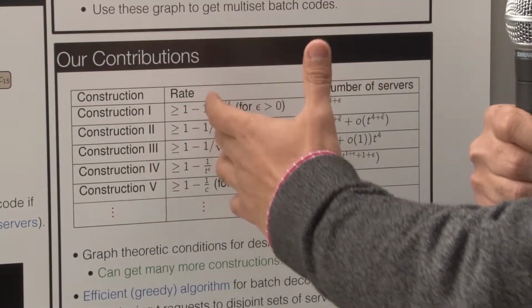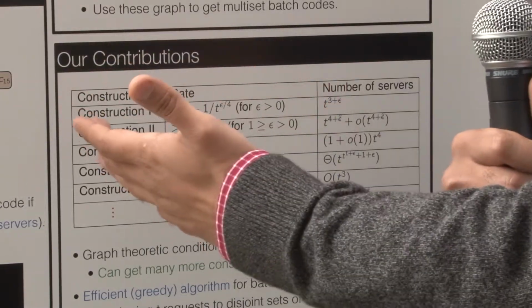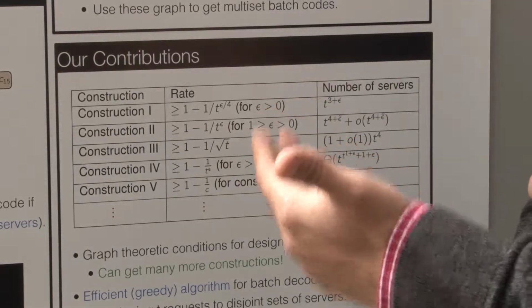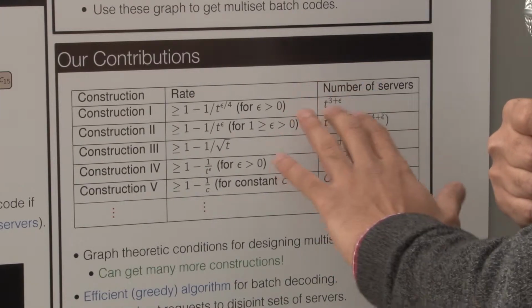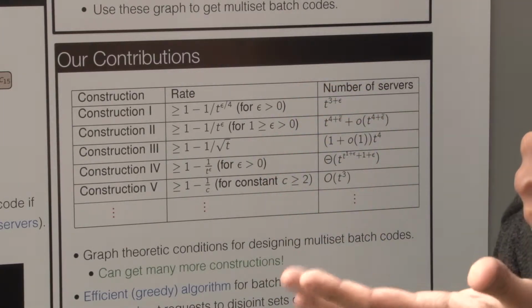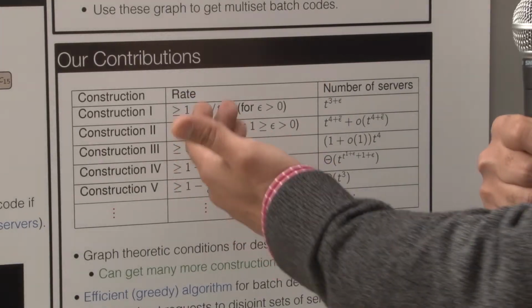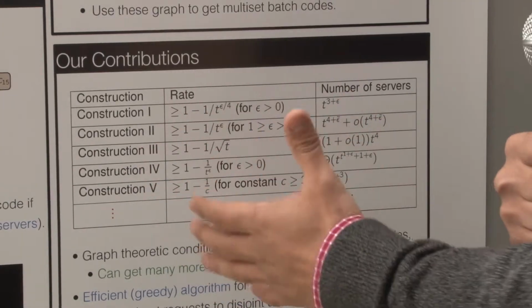That means if I scale the number of requests I want to serve, my rate can get arbitrarily close to 1. And the number of servers I need is just t to the power 3 plus some small constant. So the number of servers is a small polynomial, which does not explode as I increase my rate, and my rate can go arbitrarily close to 1. All other constructions have a similar flavor.